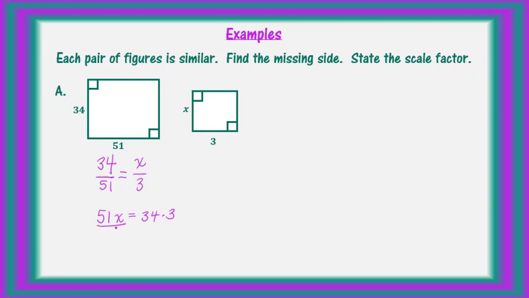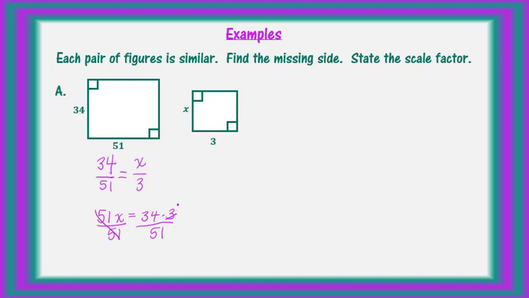I divide both sides by 51. Using the rules of divisibility, I know that 51 is divisible by 3 because the sum of the digits 5 plus 1 equals 6. 6 being a multiple of 3 means that 51 itself is divisible by 3.